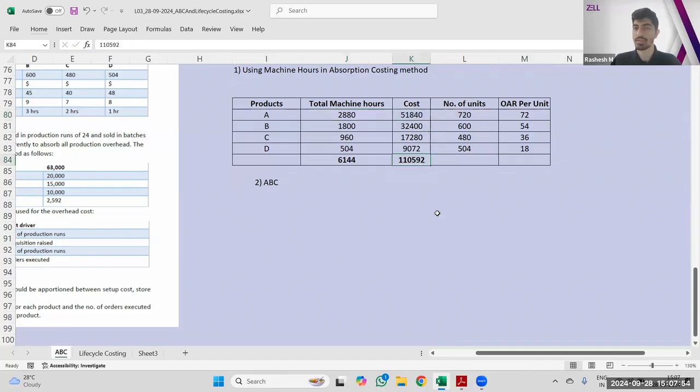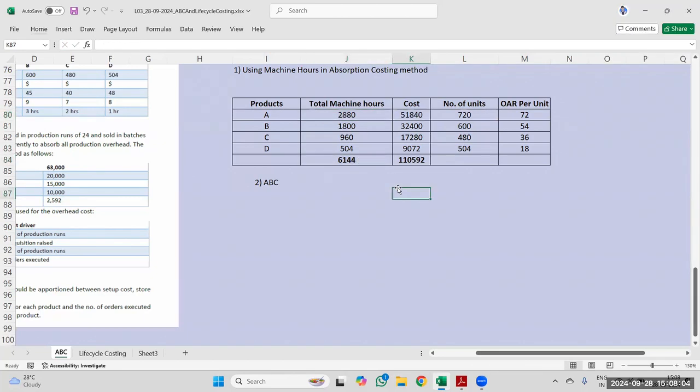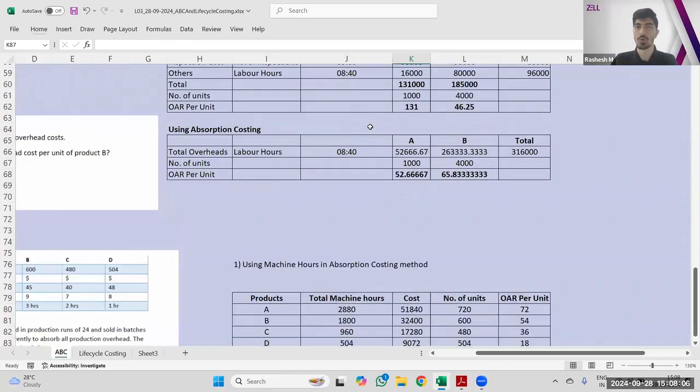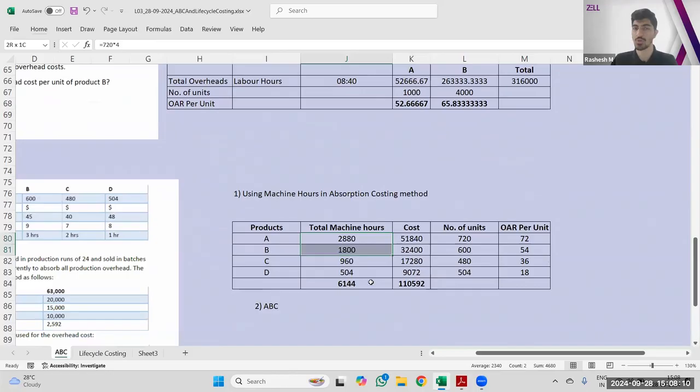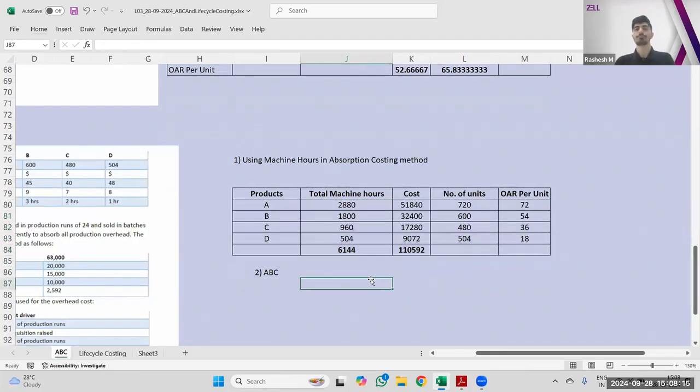So the 110,592 has been split 4 ways. 2880 divided by 6144 goes to this, and so on and so on. So what we wrote here are the ratio. Since it was 4 products, I wanted to keep it clean, so I wrote it in rows. Okay.